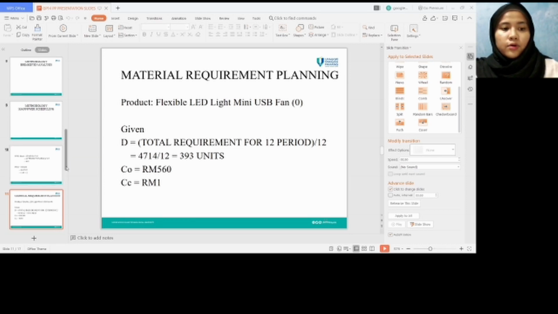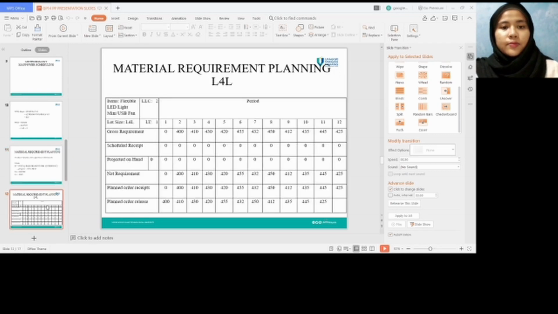For L4L, the LLC is 2 and the lead time is 1. As we can see, the gross requirement gives the same result as the net requirement.